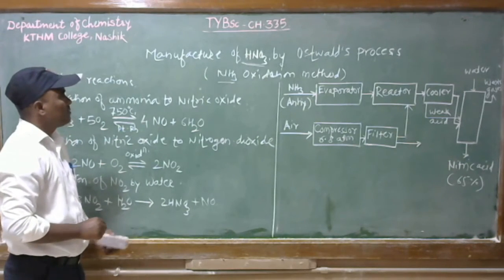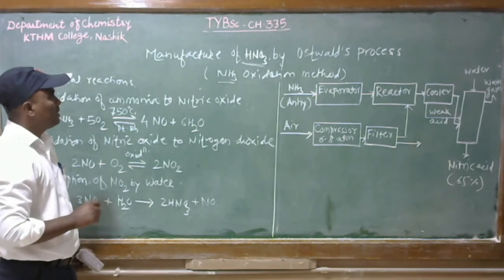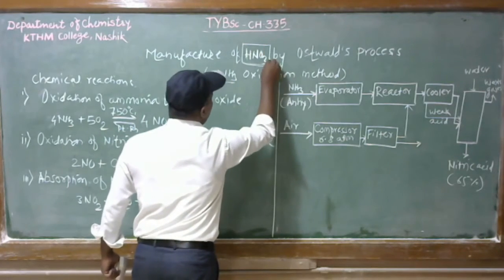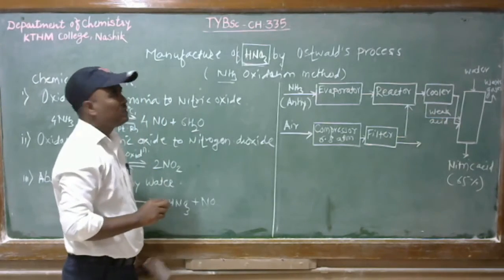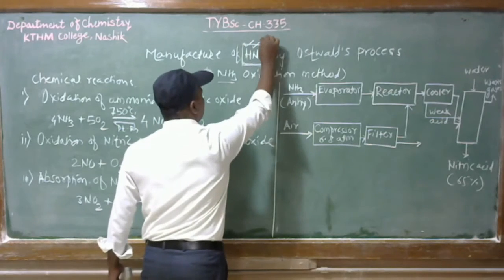Students, keep in mind, if you see the structure and molecular formula of nitric acid, hydrogen is there, nitrogen is there and oxygen is there.